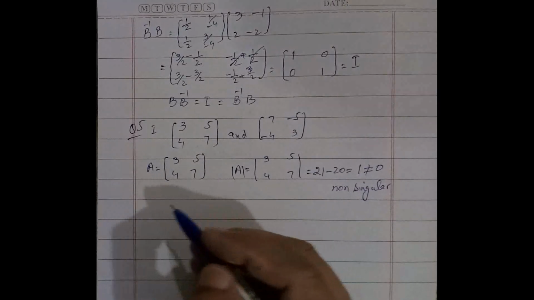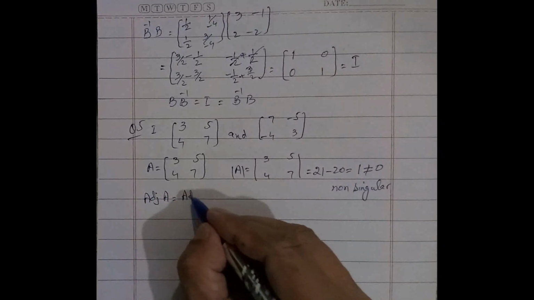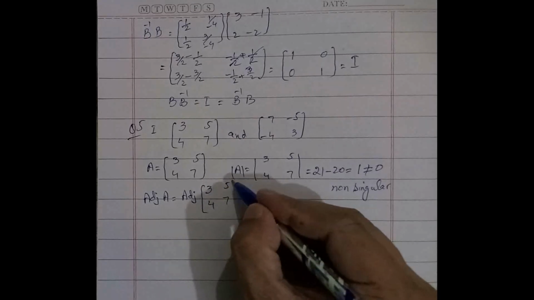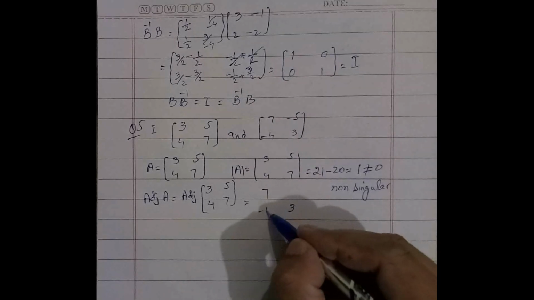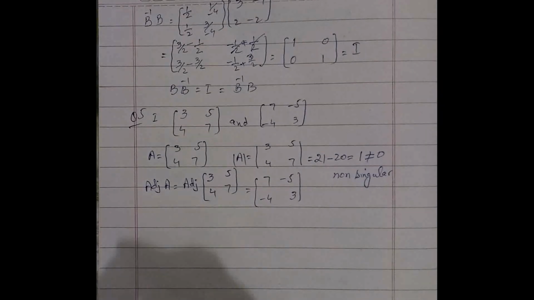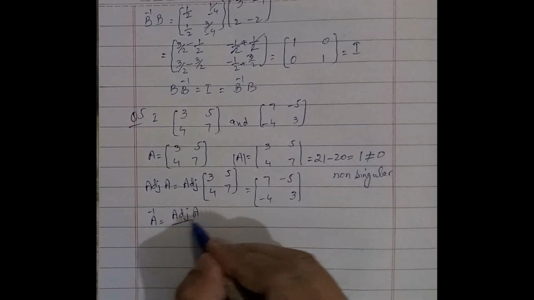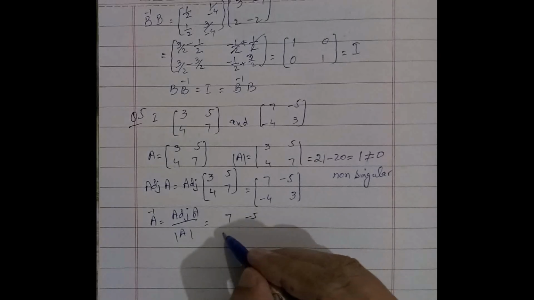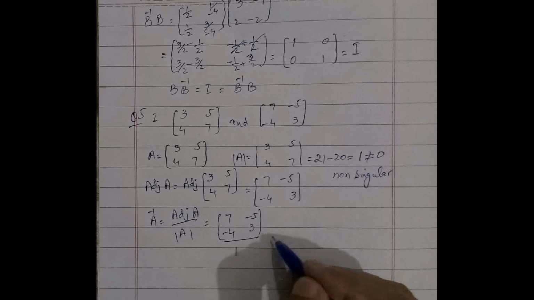Before finding the inverse, we find the adjoint of A. A is 3, 5, 4, 7. The adjoint is 7, minus 5, minus 4, 3, and this is the adjoint of A. And A inverse is equal to adjoint A over the determinant of A. The adjoint A is 7, minus 5, minus 4, 3, and the determinant of A is equal to 1.